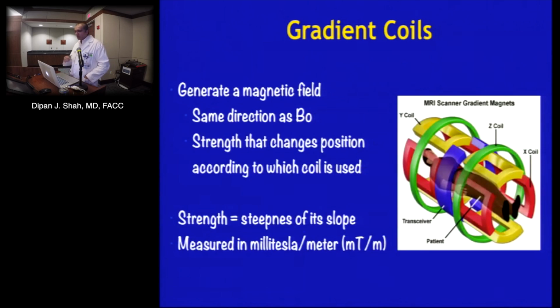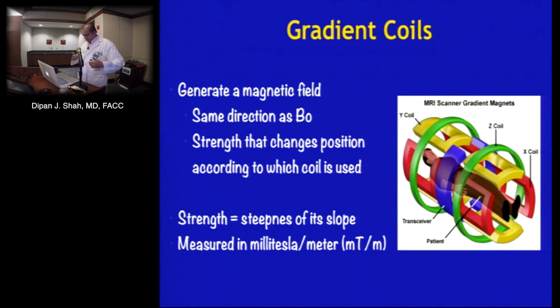Now, when we define the strength of a scanner, we define the field strength, which is 1.5 or 3 Tesla, but then you also talk about the strength of the gradient. The strength of the gradient is defined as millitesla per meter. It gives you an idea of the scale of the distortion.